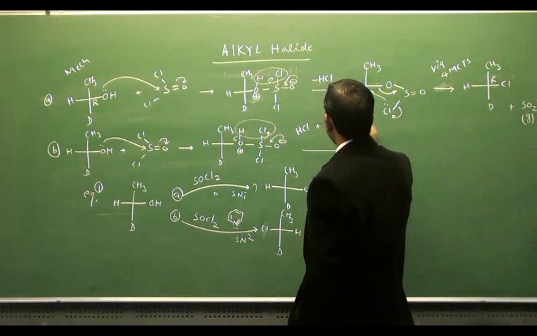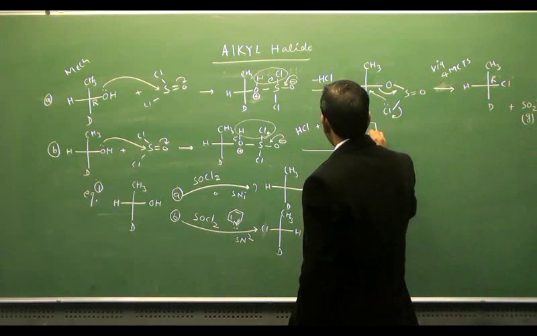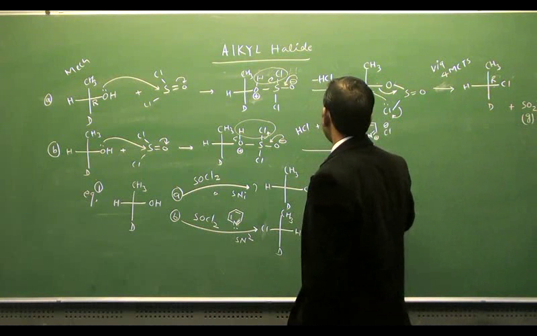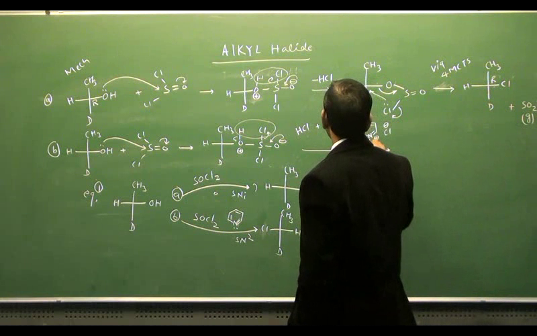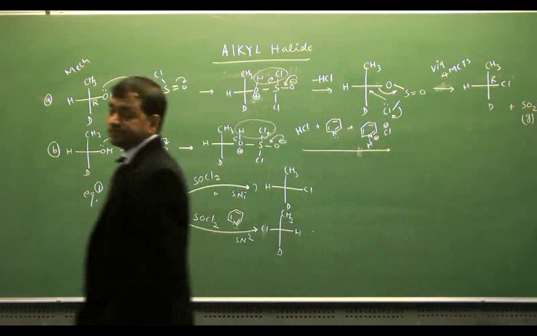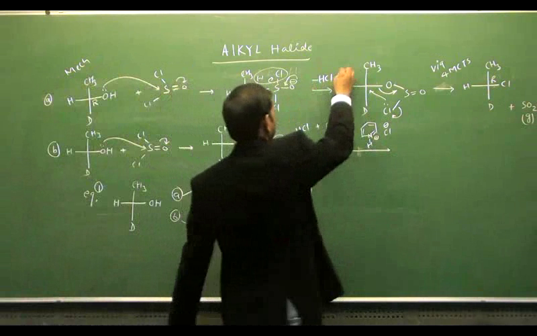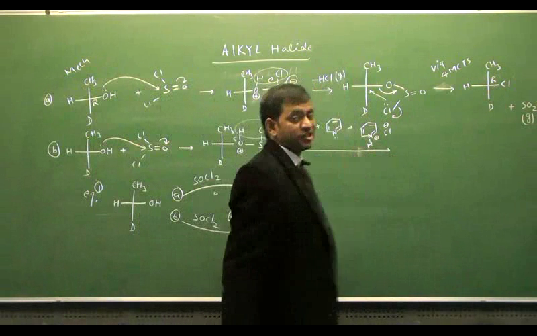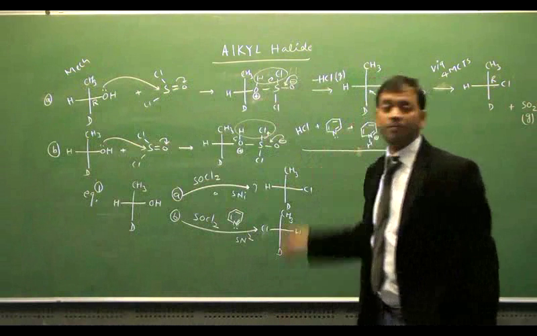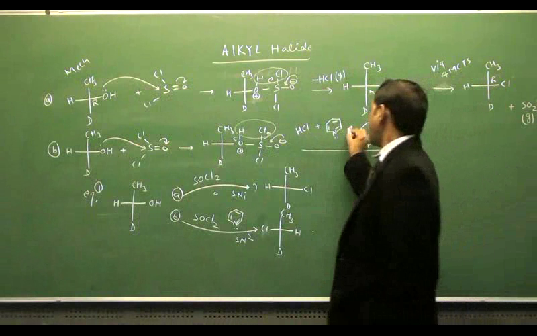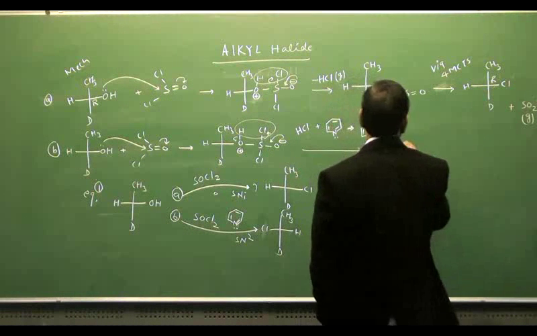It gives pyridinium chloride, so it does not escape out. Previously there was no base present and the HCl which was removed escaped out because it is gaseous in nature. But here, because of the presence of pyridine, it reacts with pyridine and gives pyridinium chloride. Now let us see this compound.